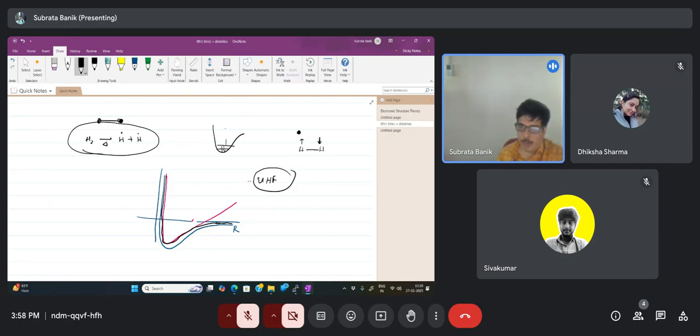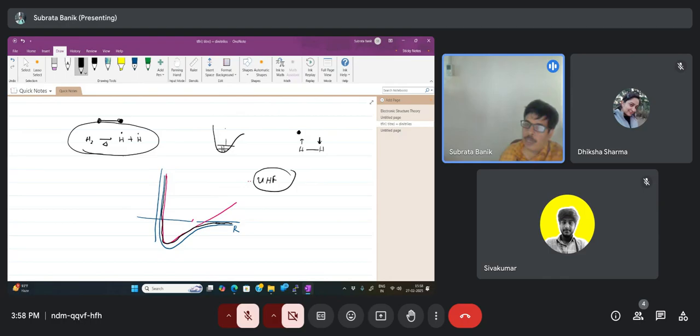However, there is a problem with UHF. The resultant functions are not spin-adapted functions. They are not eigenfunctions of the spin operator. Since you have two electrons, two spin orbitals can have two space parts, and you can show that the resultant unrestricted Hartree-Fock functions are not eigenfunctions of the spin operator, and that's a problem because experimentally it should be an eigenfunction of the spin operator.